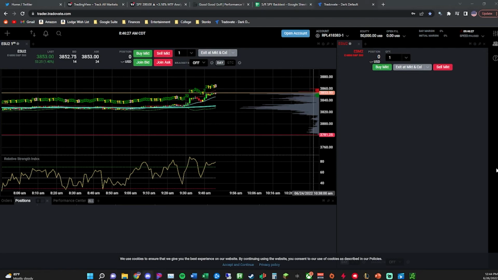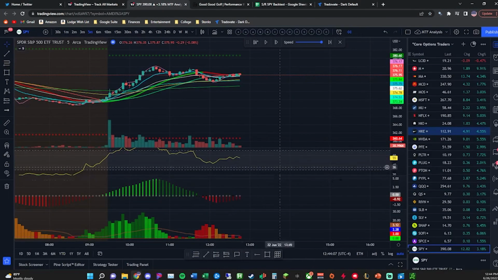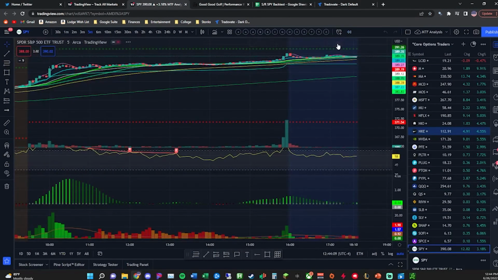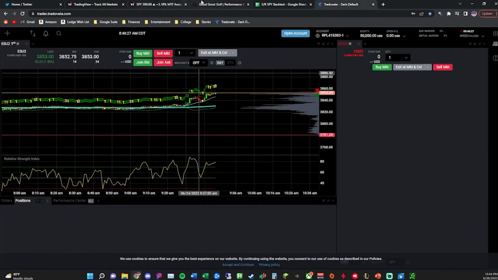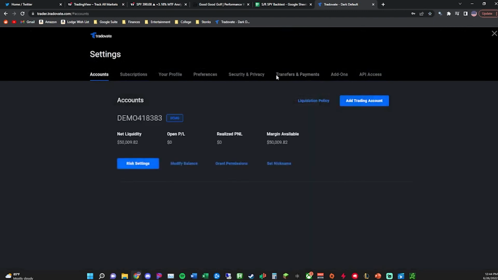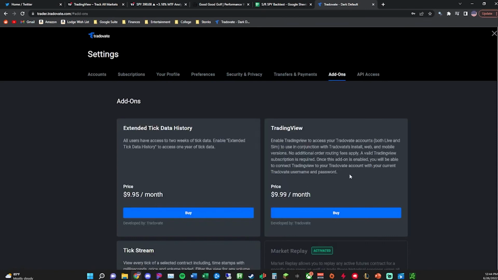So we'll give a brief overview of Tradovate's platform. A lot of you guys have expressed that you want to use TradingView, so I'll show you how to sync those two up together as well. So first step, in your account, you're going to go to your Tradovate, go to your application settings here and add-ons.